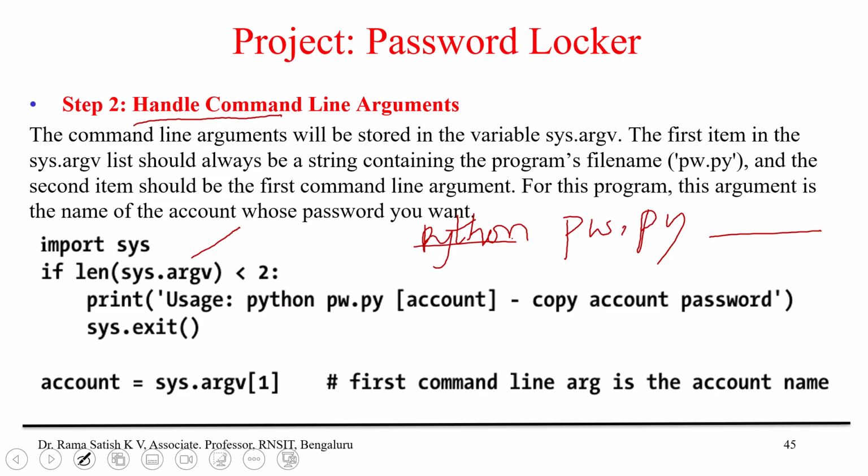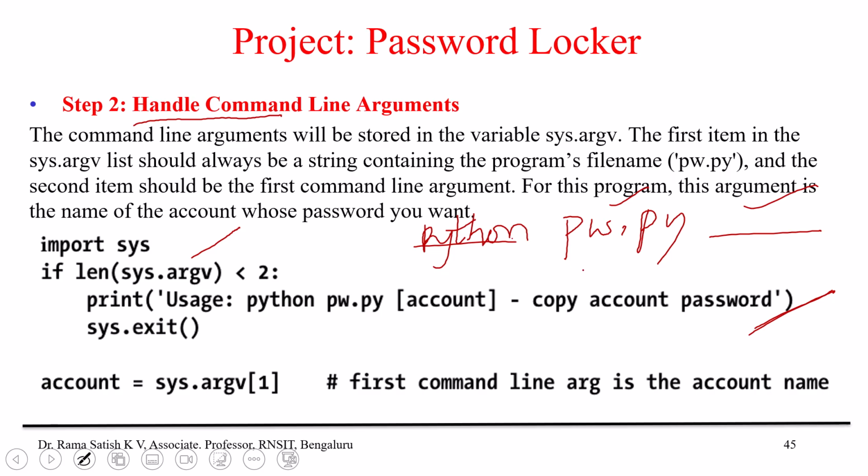So if it is less than 2, that means you are giving only one, the second one is not there. Then it will display this error message. This is argument of 0, this is argument of 1. argv is actually an array, a list.